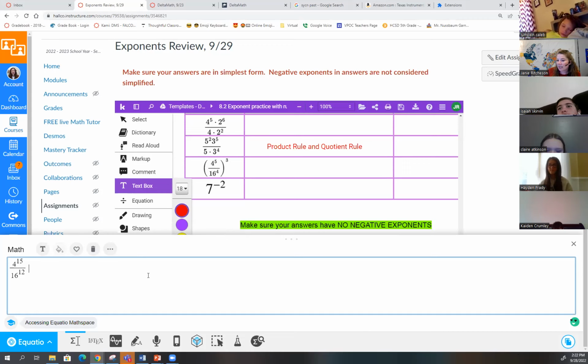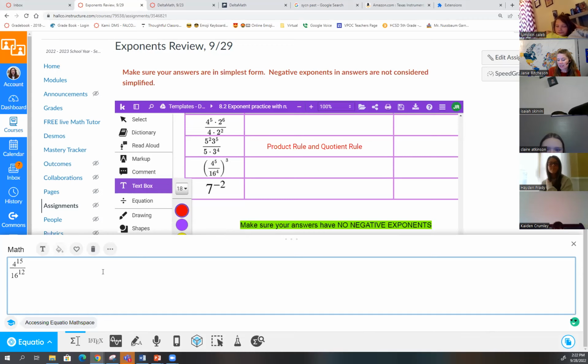I could divide, let's see, what is 4 to the power of 15? 4 to the power of 15 is a huge number. I wonder if I could divide 4 and 16 by, nope, they don't have the same base. Yeah, you can divide 16 by 4.